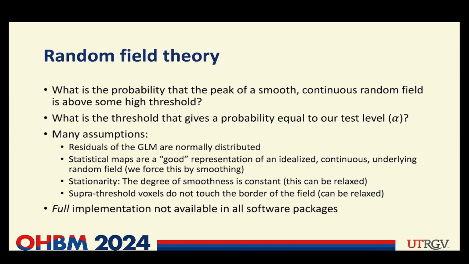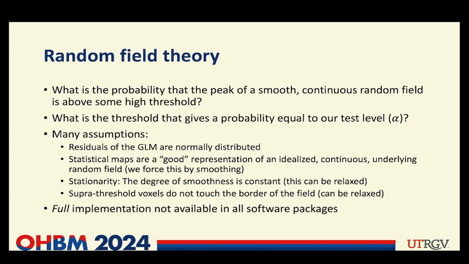So the random field theory, this was used a lot in the beginning, let's say throughout the 90s and early 2000s. It was very much used, and the idea of the random field theory is this: you want to correct for the amount of errors. All right, fine. So what does this mean? Well, it means that if you model your statistical map as a random field, which is essentially a map of random values that have some spatial information in them, and you know some properties of this random field, you can find out the probability of finding the maximum value of this field above a certain threshold.